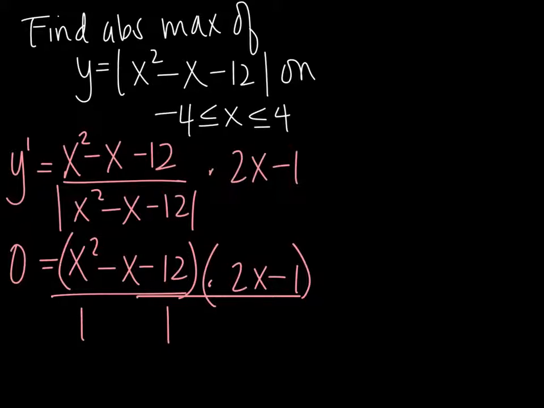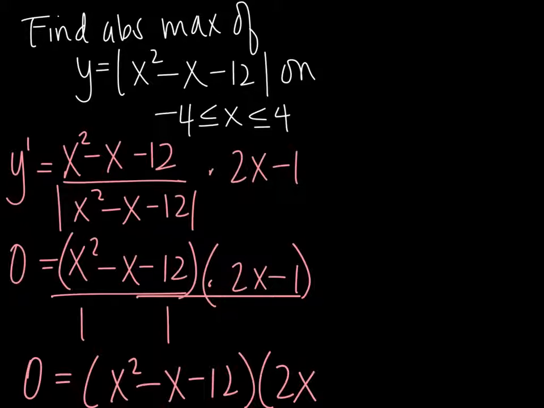We can start solving by multiplying by the denominator on both sides, which gets us to 0 equals x squared minus x minus 12 times 2x minus 1. Now I did that by multiplying by the absolute value on both sides, and that gets rid of the denominator.